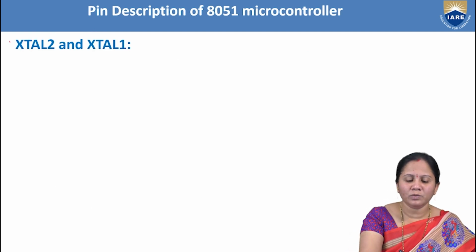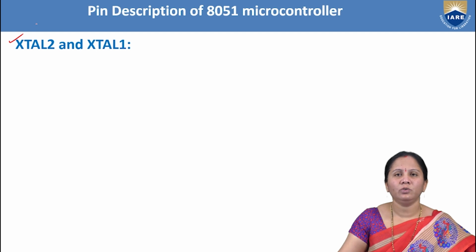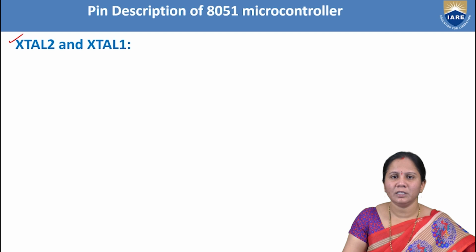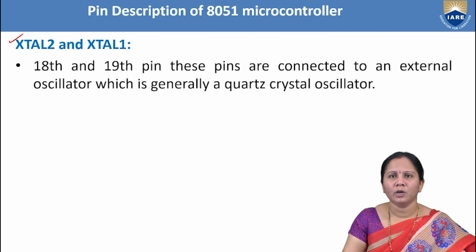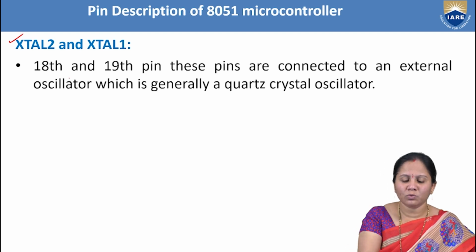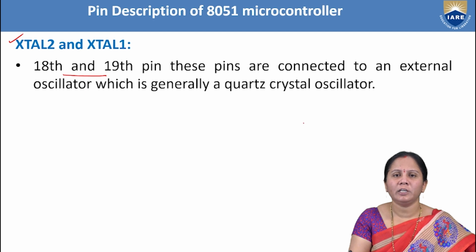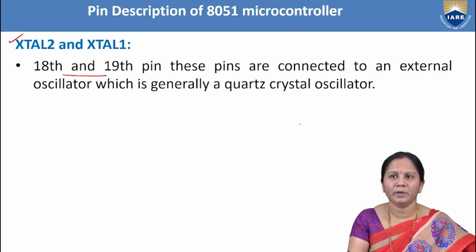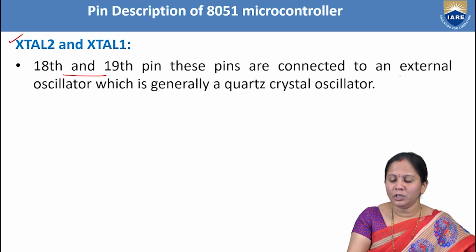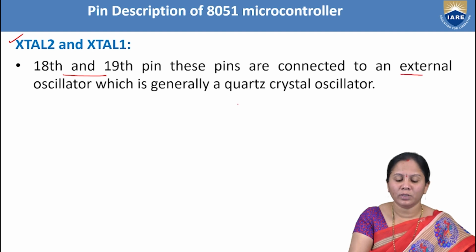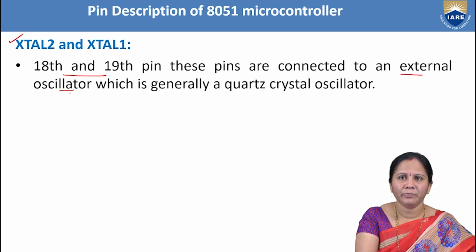And another two signals are XTAL2 and XTAL1. These two are the crystal oscillator pins, which produce the clock frequency. They are the 18th pin and 19th pin of the 8051 pin diagram. These two signals are connected to the external oscillator.